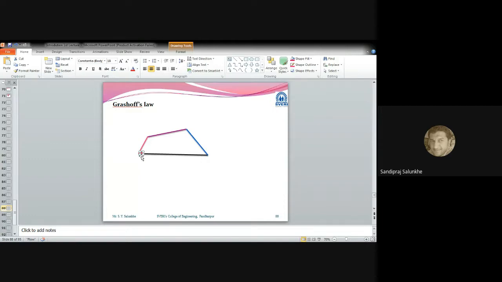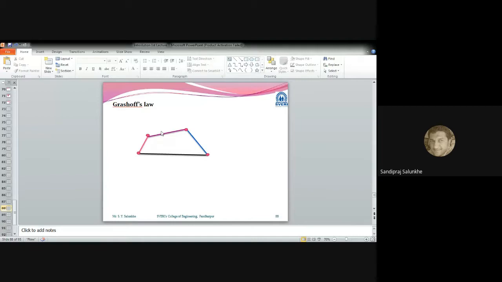Normally what we have seen in the four bar chain is that either one crank can rotate and the other links transmit that motion. Am I right? So this is the case.